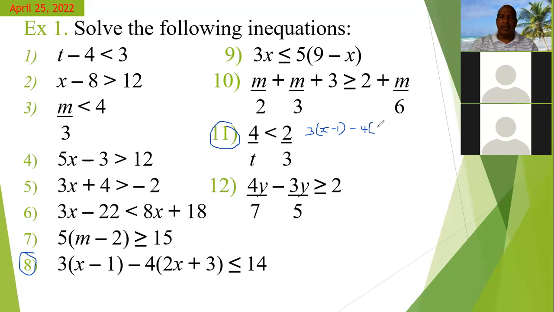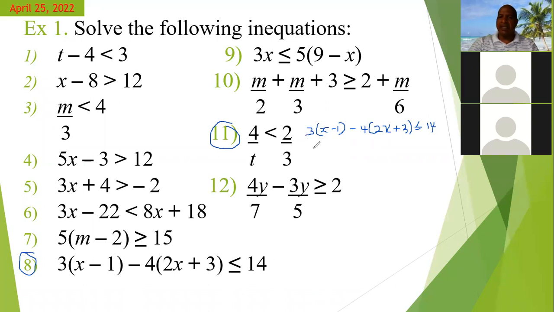All right, so here we have 3 times the bracket x minus 1, close bracket, minus 4 times the bracket 2x plus 3, close bracket, less than or equal to 14. All right, so first thing you want to do is to remove your brackets, multiply them out by what is outside.